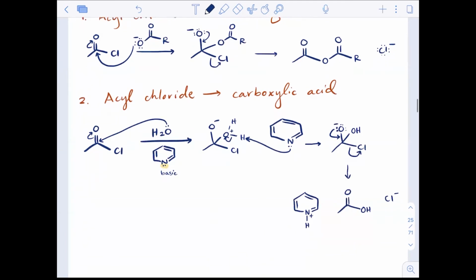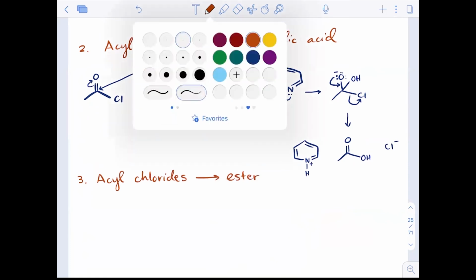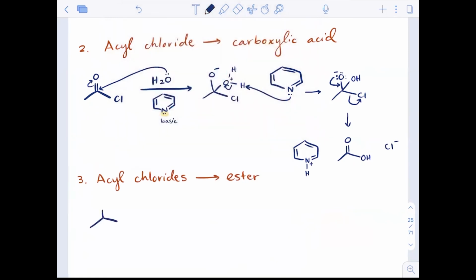You can do this reaction, same exact one, to make an ester. Acyl chlorides can go to make esters. The only difference here with this reaction is instead of water, you will use an alcohol. Any old alcohol that you want with pyridine.